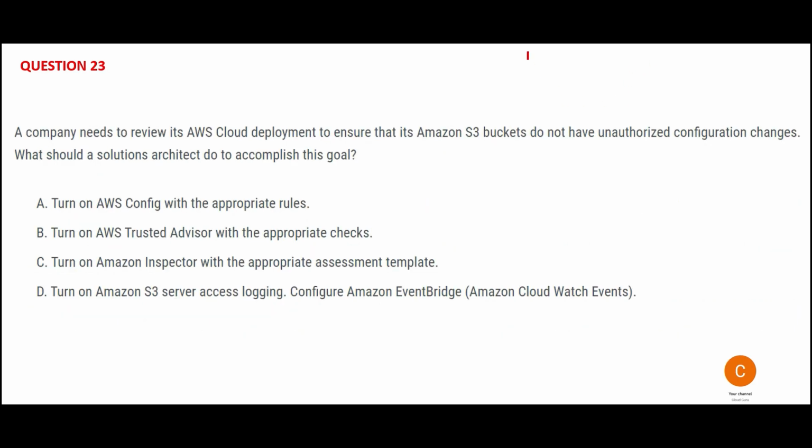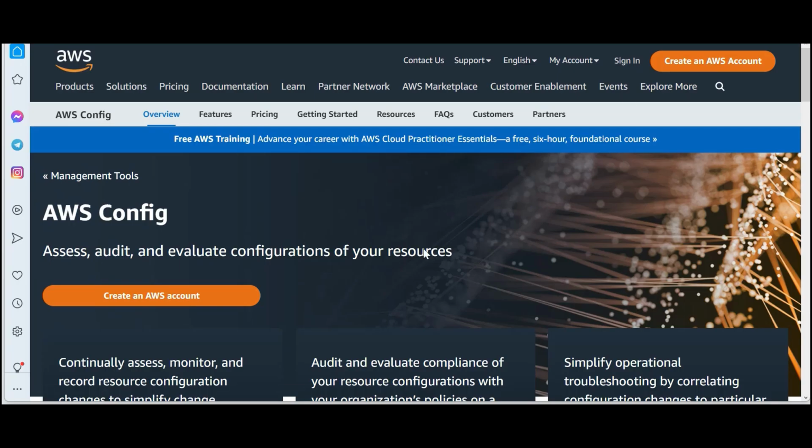See here, the company needs to review its cloud deployment to ensure S3 buckets do not have unauthorized configuration changes. Okay. So basically, whenever you want to regulate configurations, always think about one thumb rule: AWS Config. This is a very good product which will audit your configurations of the resources.